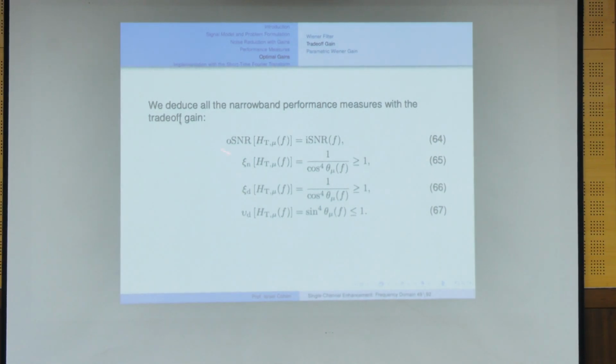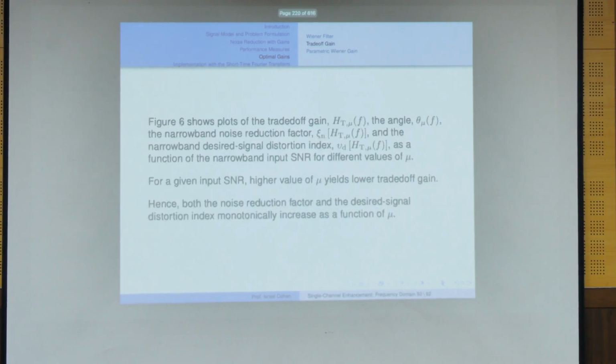And we have specific expressions, similar. You see, instead of theta, which was for the Wiener gain, we have theta mu. That is for the trade-off. See, it's a very, very nice relation.